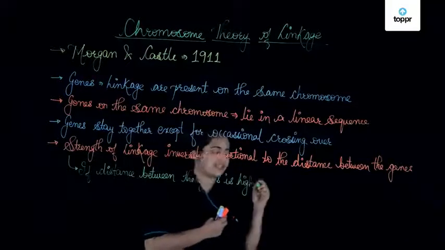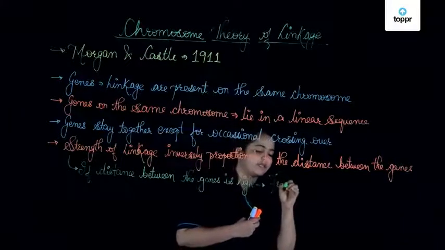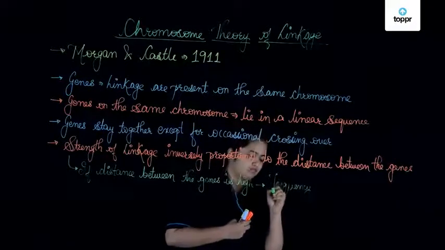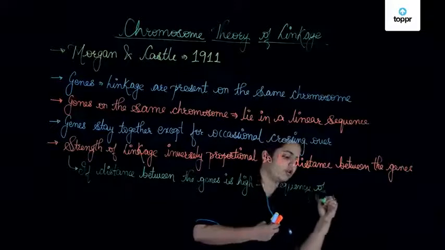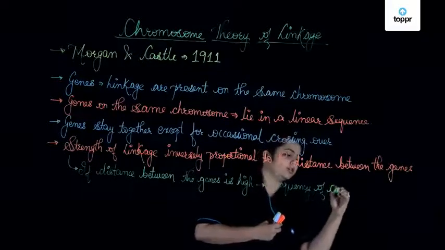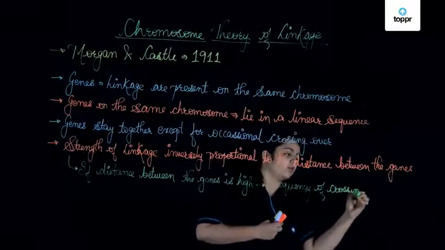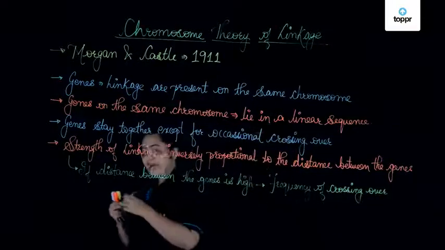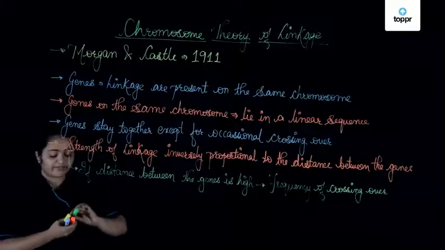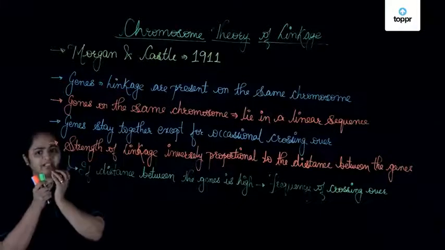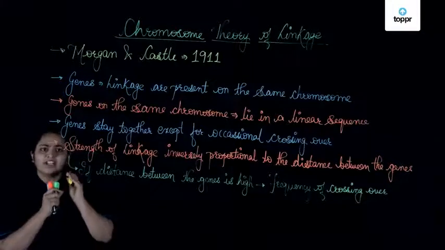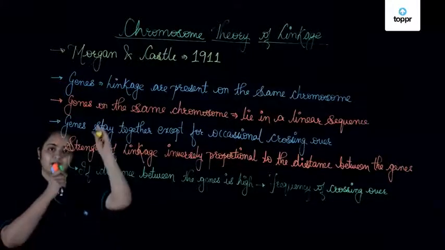The genes will exhibit a higher frequency of recombination, of crossing over. If they are far, then they have a tendency to cross over very readily. And if they are near to each other, they don't bother about crossing over. They will usually try and be linked together.